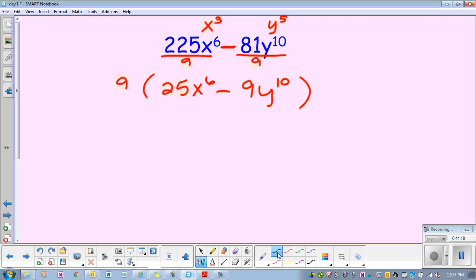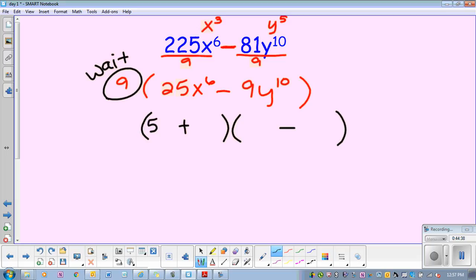And then now we're going to let this 9 wait, and we're going to factor inside the parentheses. So double parentheses, opposite signs. What goes in this first spot? 5x cubed, right? Because square root of 25x to the 6th equals 5x cubed.